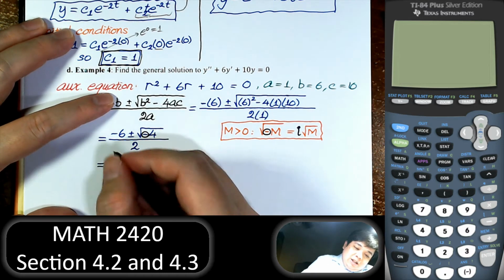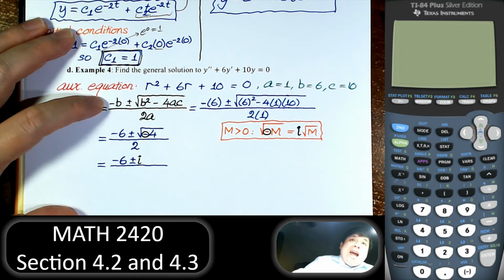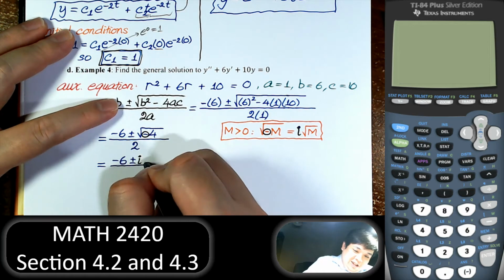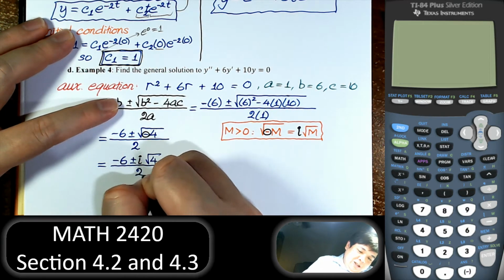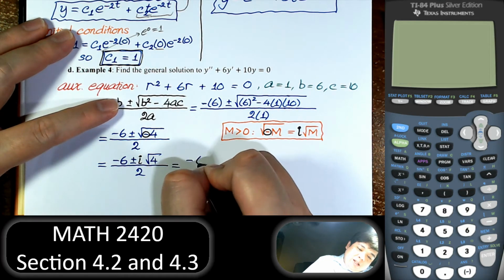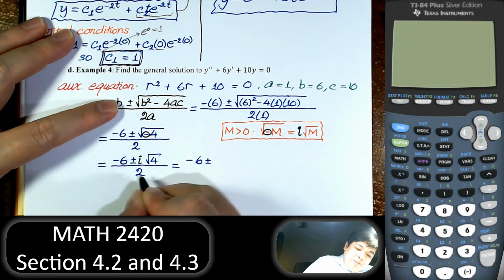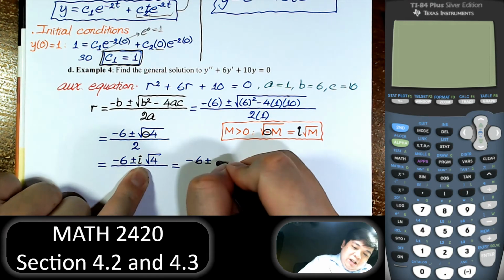That gives us negative 6 plus or minus the square root of 4, which is 2i.